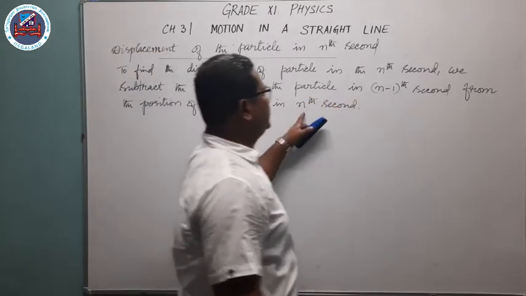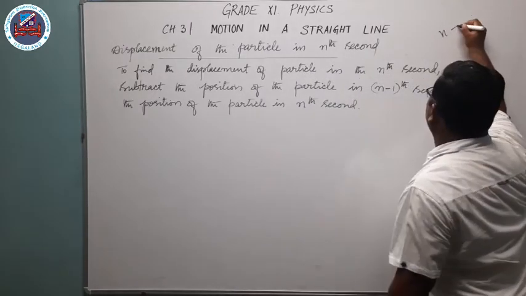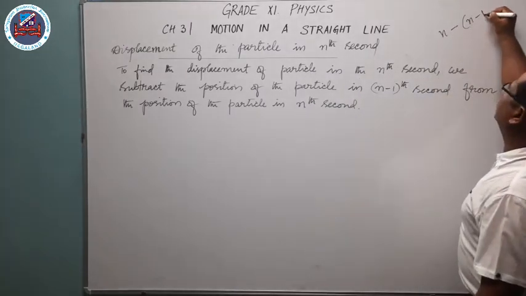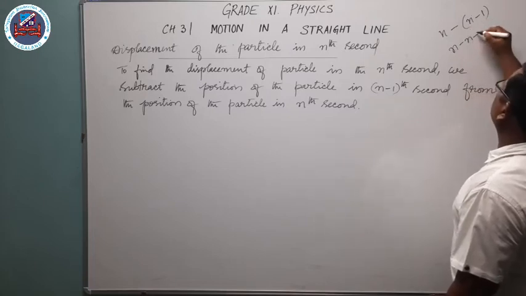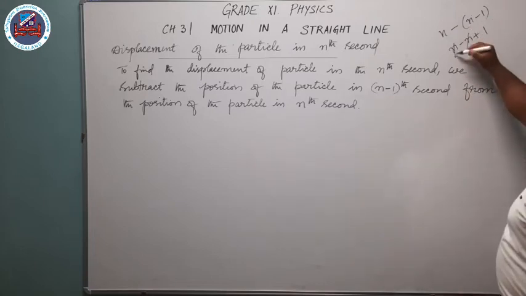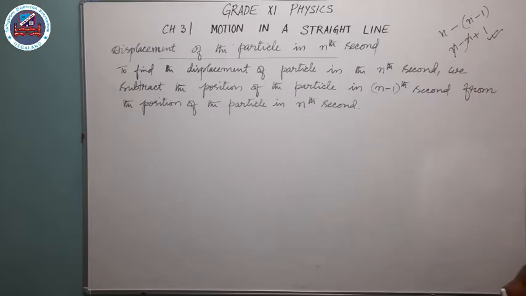Like this, from nth second, if you subtract the position of the particle in n minus 1 second, in that particular second, you can find out the position or displacement of the particle in the nth second.